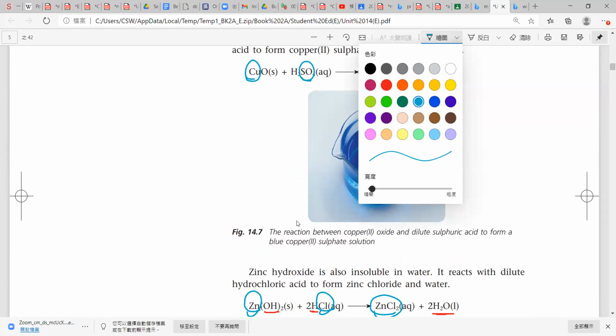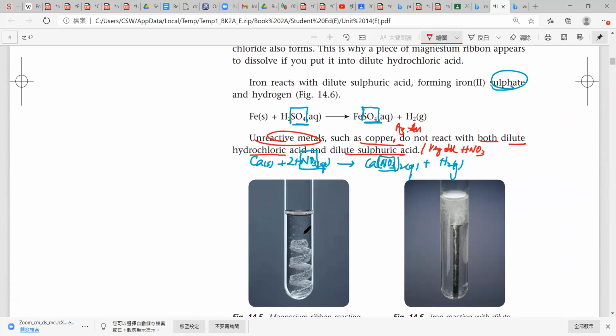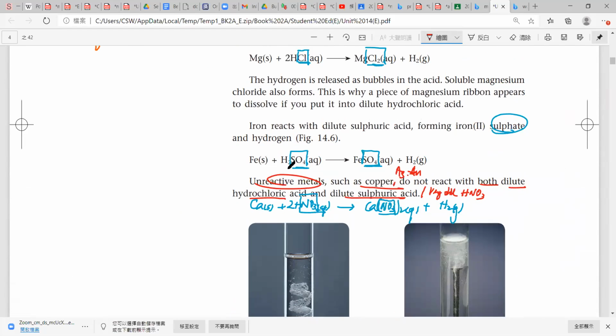And you just add another color pen to show oxide and hydrogen ions forming what? Water. Can you get the point? Can you get my logic, right? And similarly for this, you may see iron sulfate together. Lithium here is hydrogen, right? I do hope by doing so you can memorize those equations more easily.